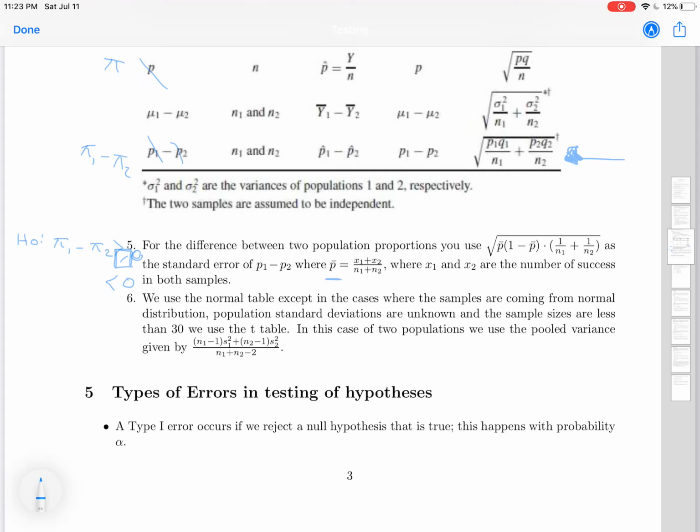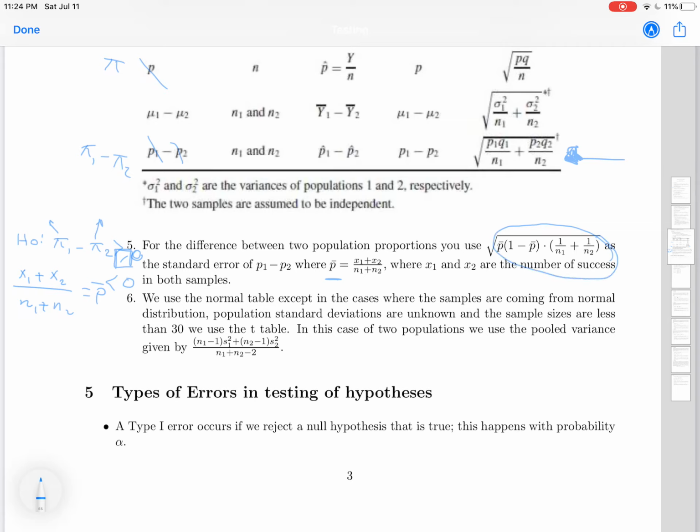So this means I'm assuming that the two proportions are equal, because I'm assuming that the difference could be 0 or more. Since I'm assuming that they are equal, I have to force them to be equal in the sample, and this can only happen by calculating something called P bar.